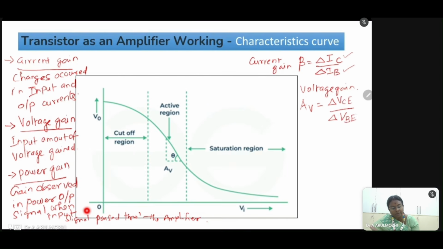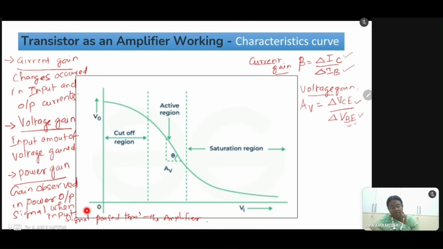Very small change in the collector emitter voltage to the base emitter voltage. Okay, that is the voltage gain. Current gain and voltage gain we finished.